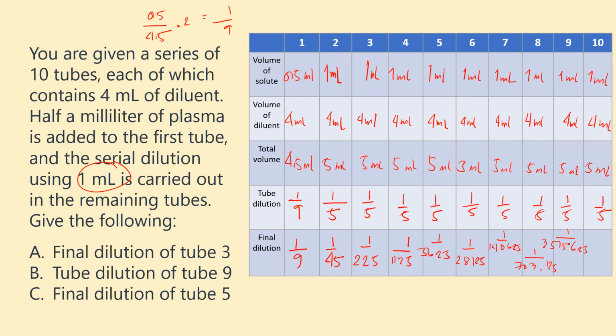And lastly, multiply it by 5, so that is 1 over 17,578,125.